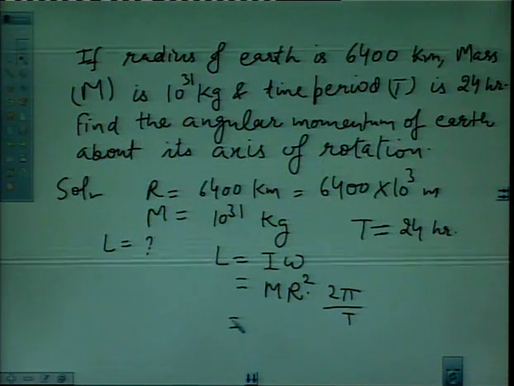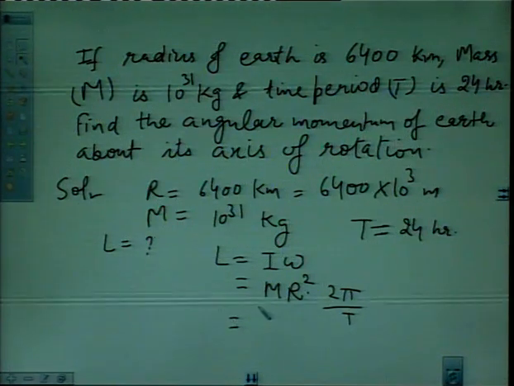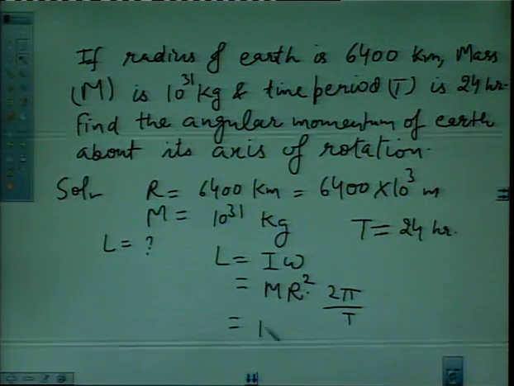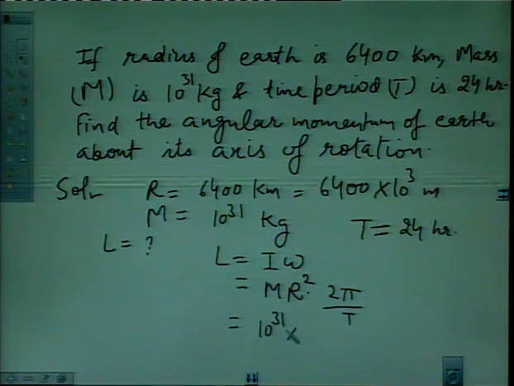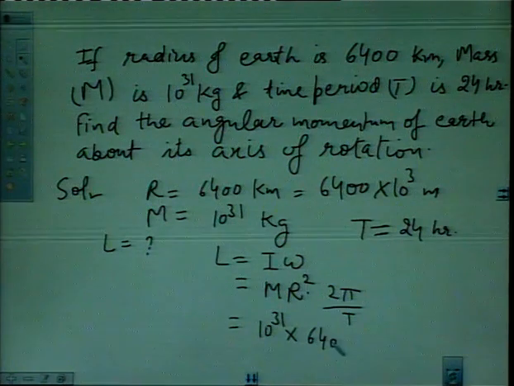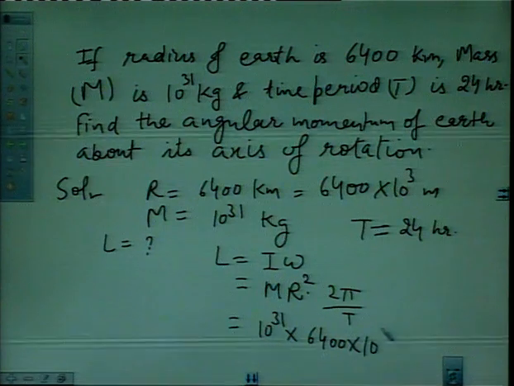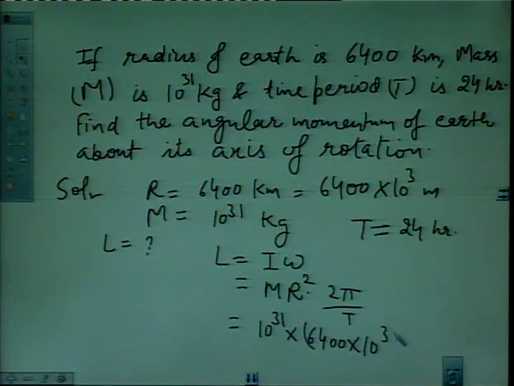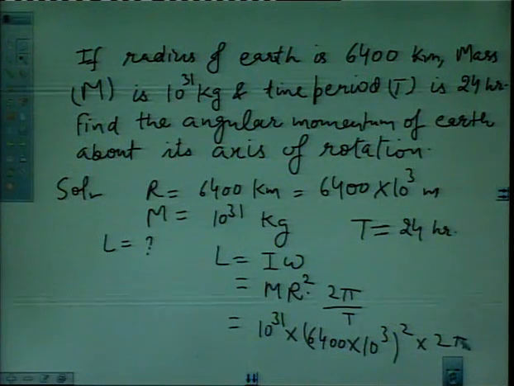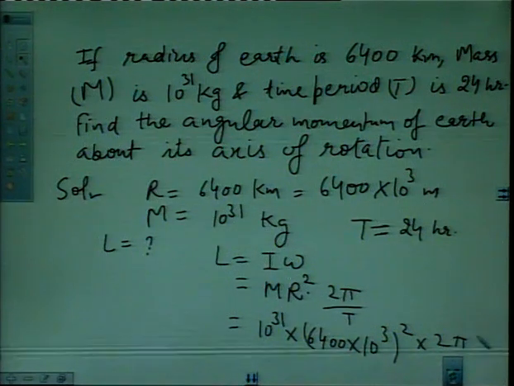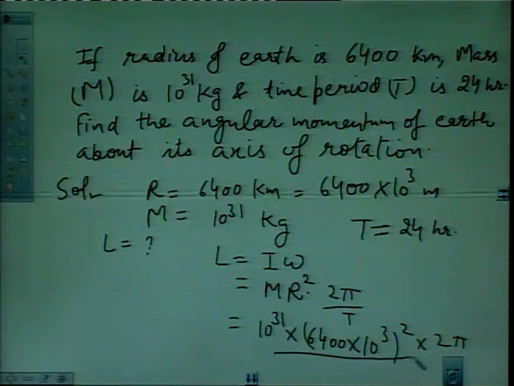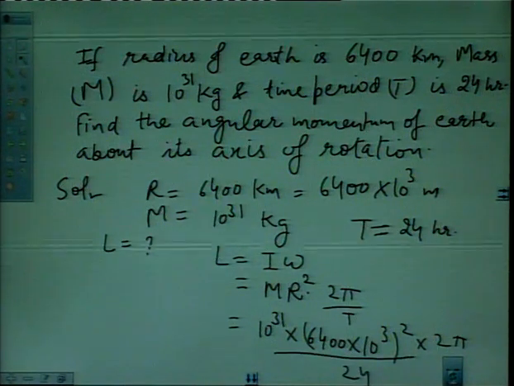Now, putting the values of m, r and T, so 10⁻31 into (6,400 into 10³) whole square into 2 pi divided by 24.